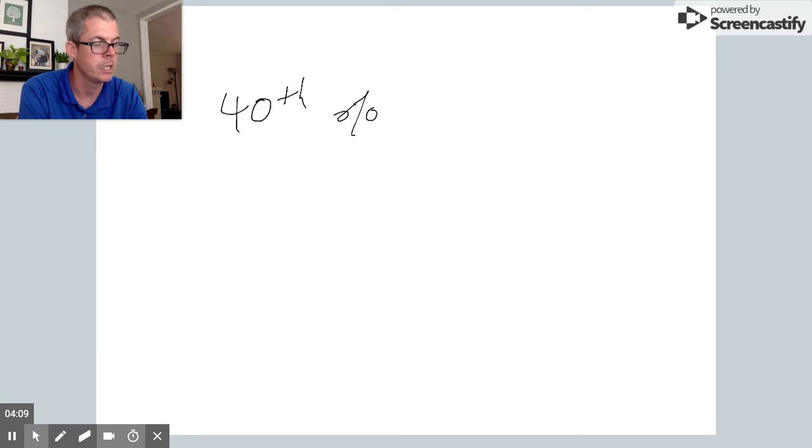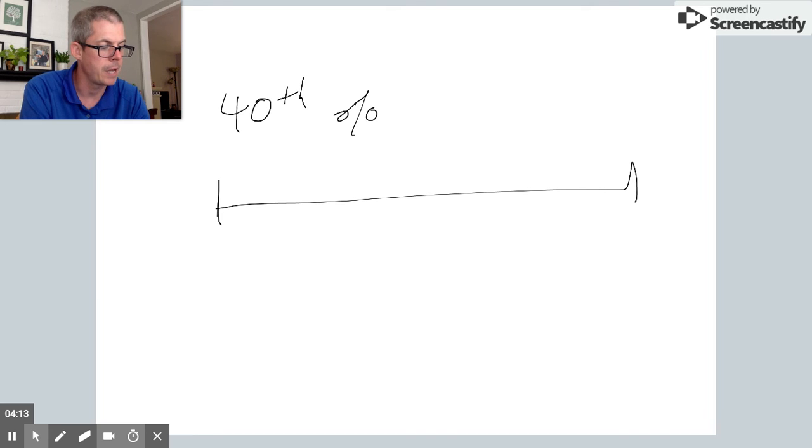So I can imagine if there's all the tests, I'm 40% of the way through. That doesn't mean that my score was 40. The test might be out of like 600 points or something like that. It just means that my rank vis-a-vis the other test takers is at the 40th percentile.